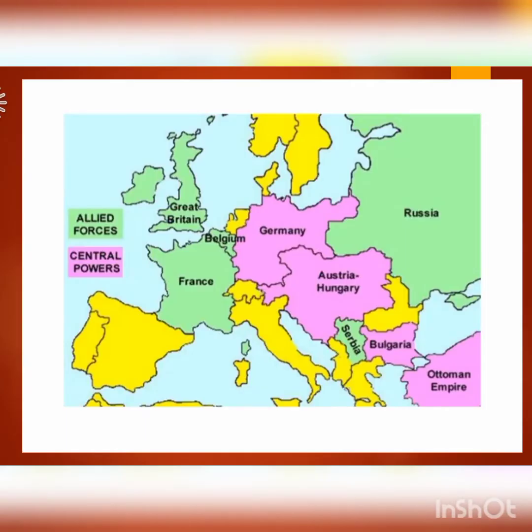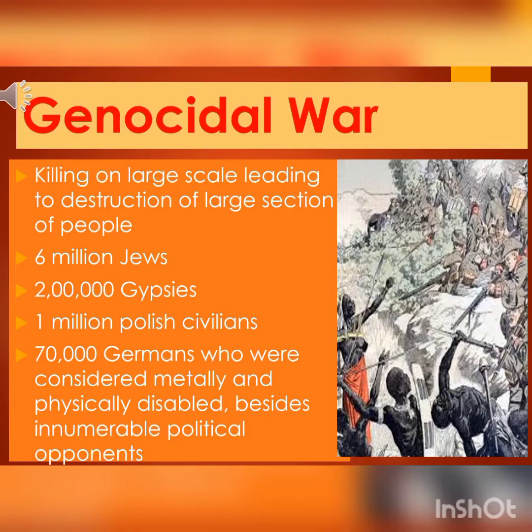Students, just go through this map of Europe and find out where Germany is located. Under the shadow of the Second World War, Germany had waged a genocidal war. Genocidal war means killing on a large scale leading to destruction of a large section of people, which resulted in the mass murder of selected groups of innocent civilians of Europe.